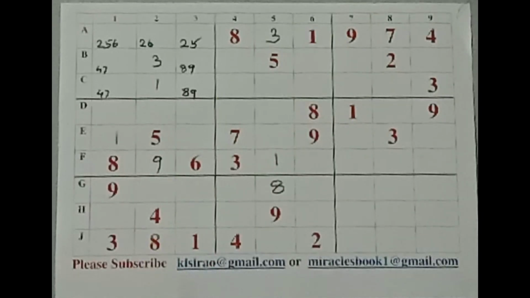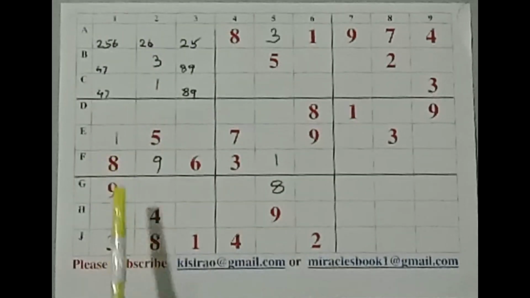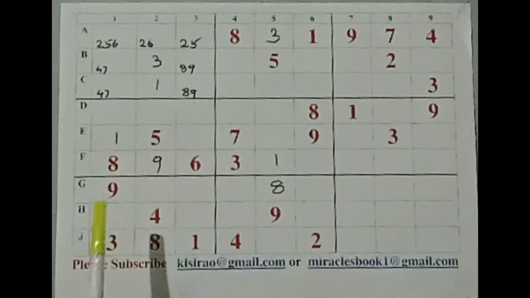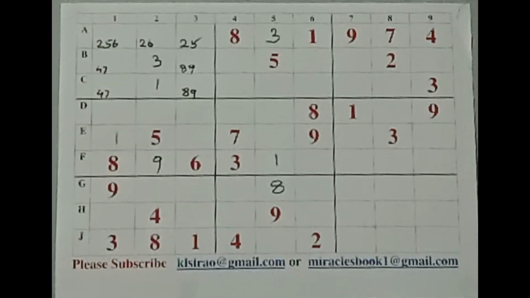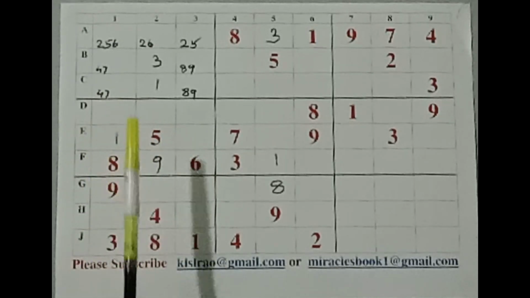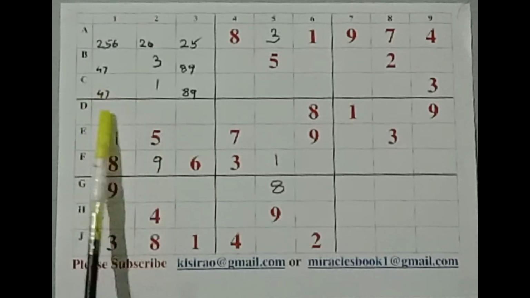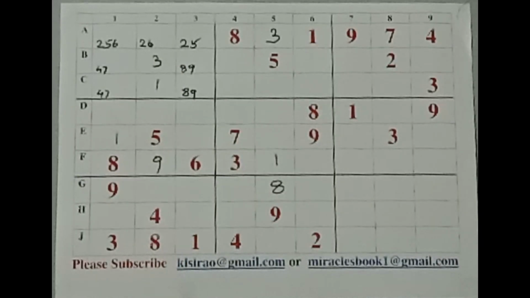Okay. And now, if we have a look at this column, what happens? 2, 5 and 6 are required for these 3 cells, and luckily you have this 5 and 6 here in this box. Therefore, what is the number we should take for this place? It's clearly number 2. This is our 2 by 3 trick again.